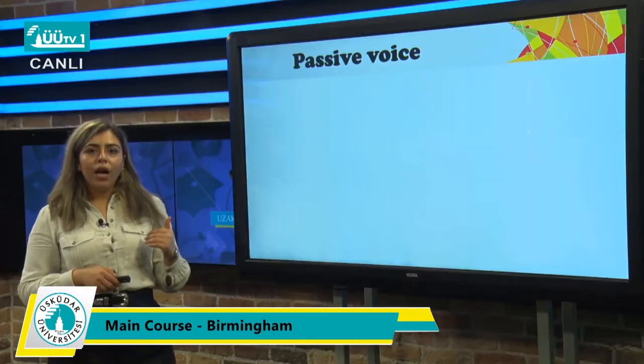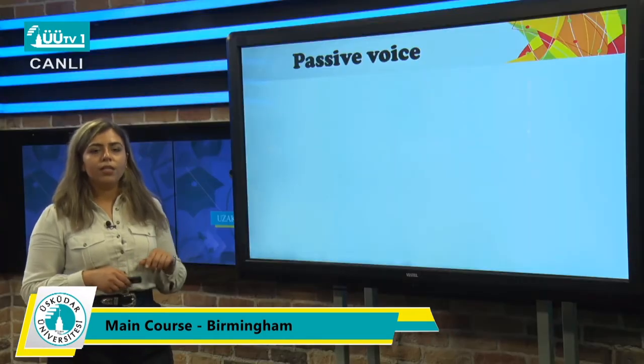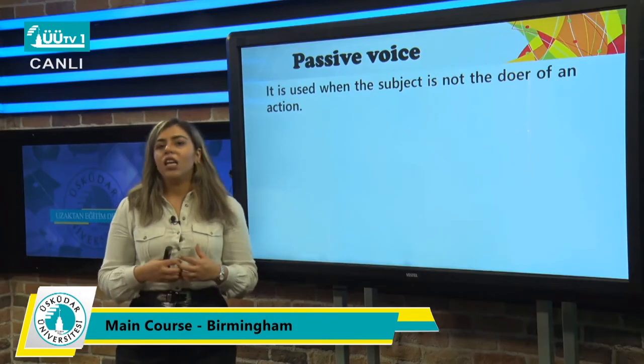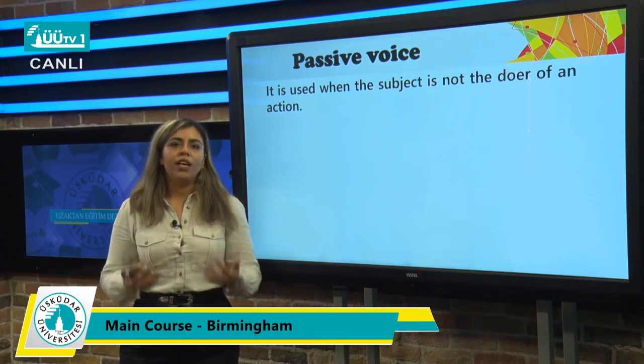Okay. But in the passive voice, the receiver of the sentence, like the object, is more important. In the passive voice, the person who did the action is not important. We don't care about that.